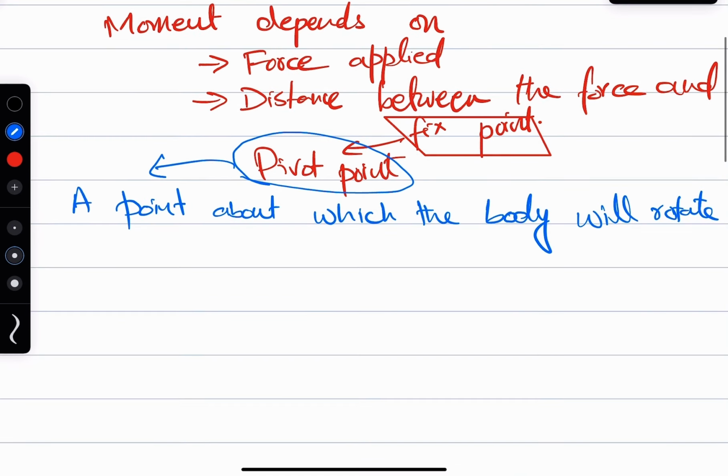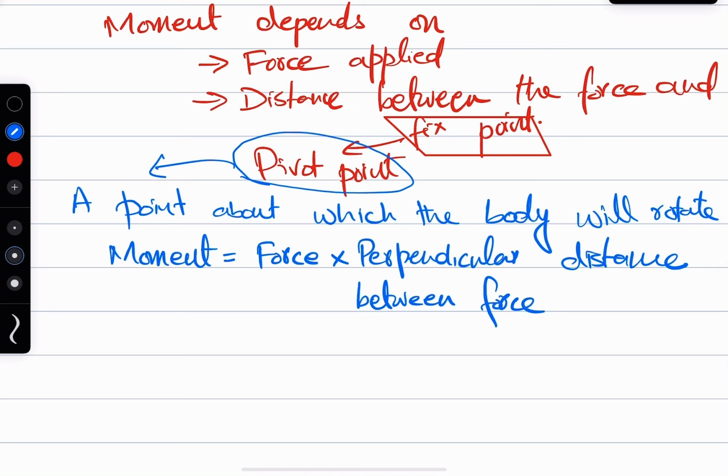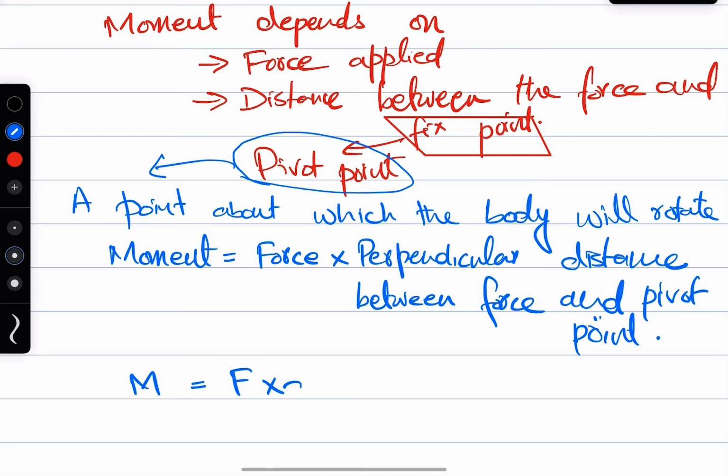So writing down its mathematical expression, we can define moment as: moment is equal to force multiplied by the perpendicular distance between the force and the pivot point. Moment can be represented by the symbol M, force by F, and this distance by d.